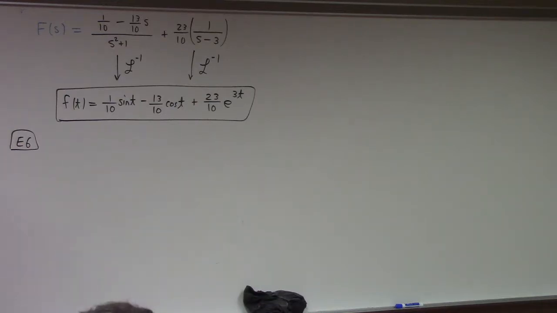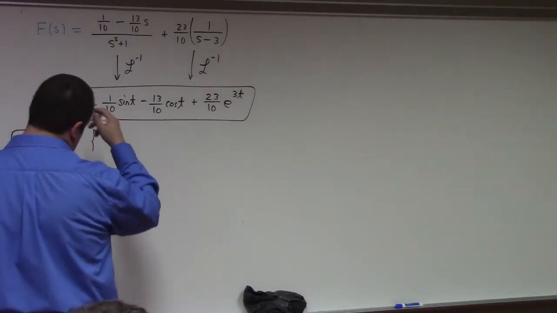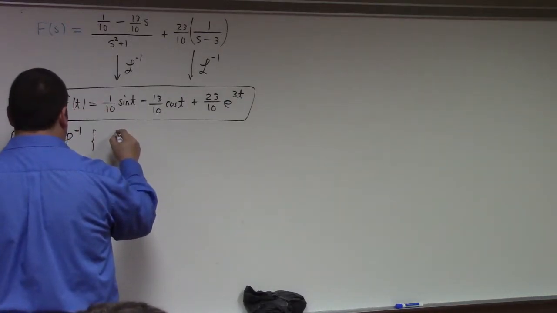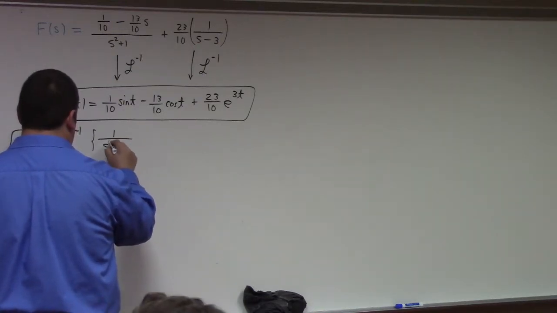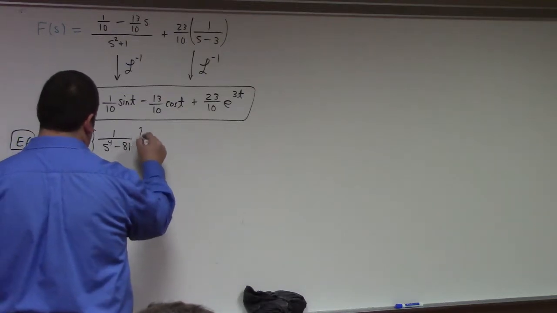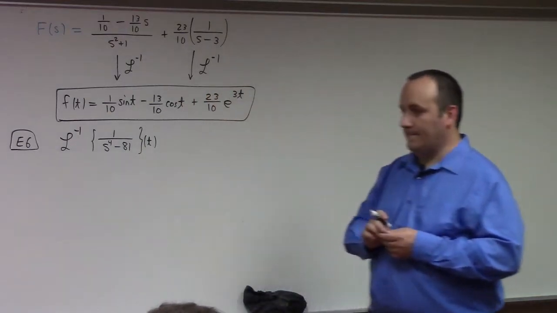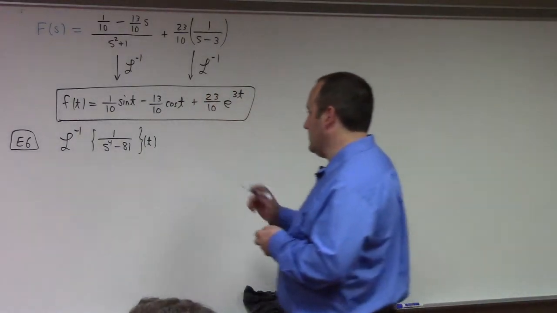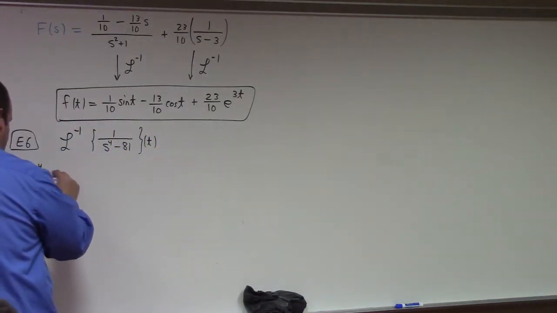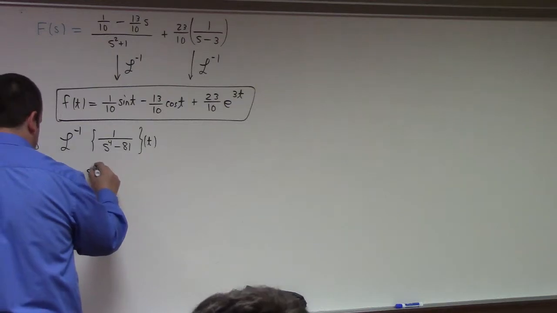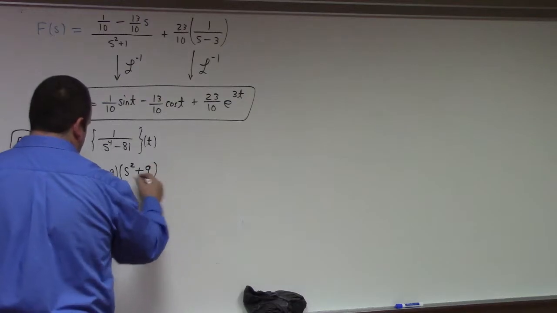Example 6, how about this? How would you calculate the inverse Laplace transform of 1 over s to the 4th minus 81? So here, what you've got to notice is that s to the 4th minus 81 is actually s squared minus 9 times s squared plus 9, right?